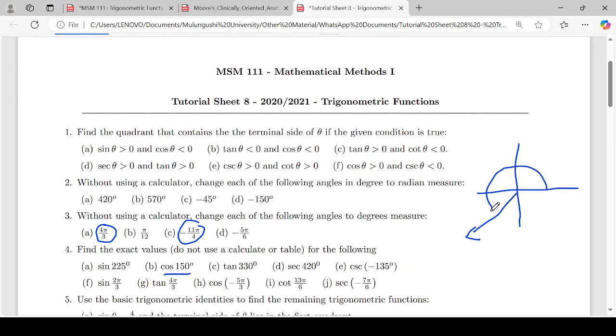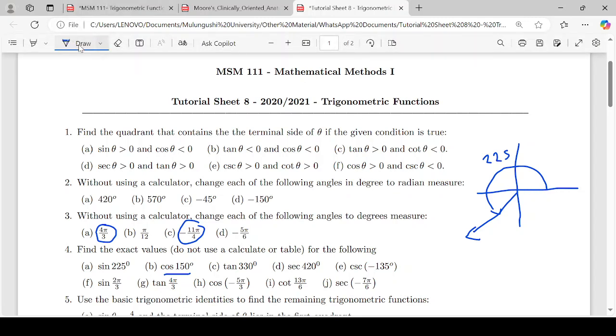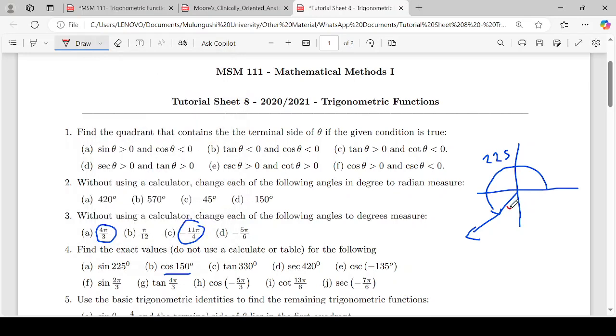So this is our angle 225. And then I have to identify the helping angle. The helping angle is this angle. Remember, it should always be between the x-axis and the resultant vector.